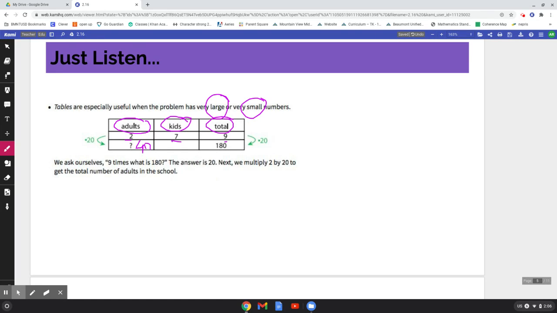And if you do the 7 times the 20, you get the 140 that I showed you with the tape diagram. And then if you were to do the 9 times the 20, you would get the 180 that you see in the table. So we ask ourselves, 9 times what is 180? So the answer is 20.